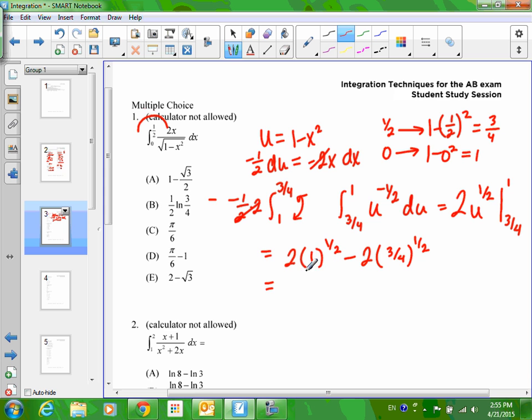What's 1 to any power? 1. So already, what are you thinking the answer is? Out of A, B, C, D, or E? E. Probably E, hopefully E. All right, this is going to be square root of 3 over square root of 4. Hey, 2 and square root of 4 are the same thing. It is E. Good job.